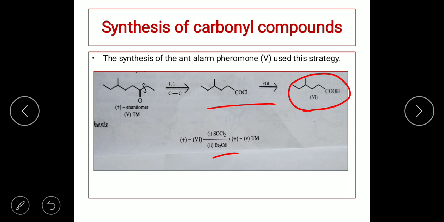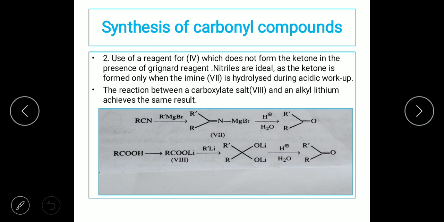And this, on further reaction with the organocadmium, here diethyl cadmium, is going to give rise to the ketone, that is the target molecule. So this is one approach of how we can make use of the disconnection of carbonyl compounds, and how we can write the synthesis.